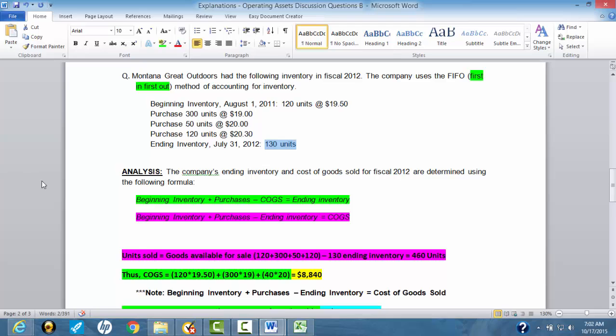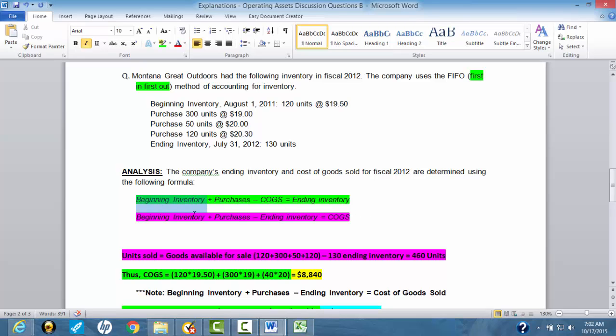Now, the company's ending inventory and the cost of goods sold for fiscal 2012 can be determined using the following formula. And this formula is very intuitive. We don't need to memorize it.